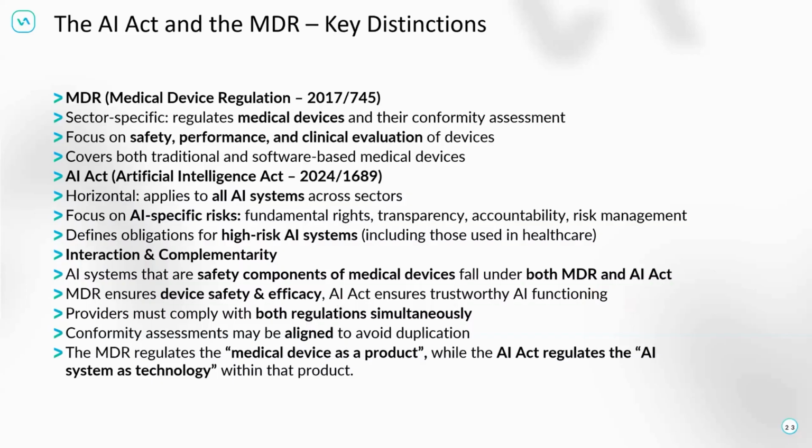The MDR does not like traceability or transparency towards the users that much. However, we need to comply with both, and therefore we have the possibility to only show and be transparent on the AI parts and not consider all the other parts.